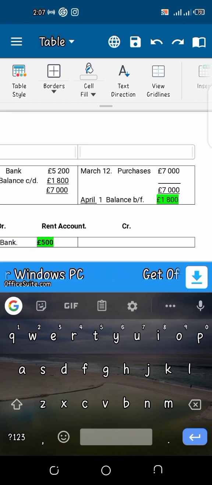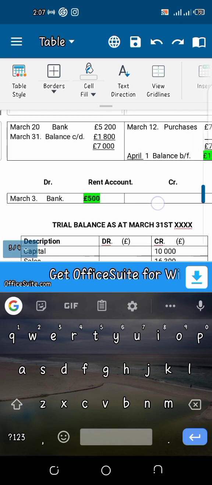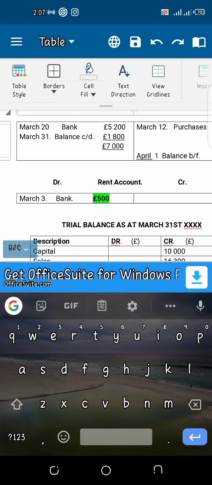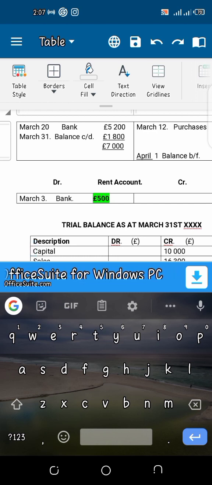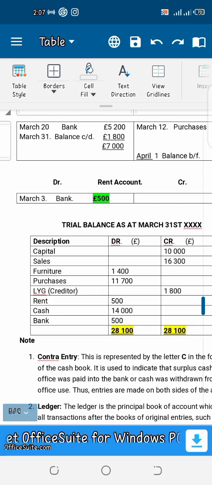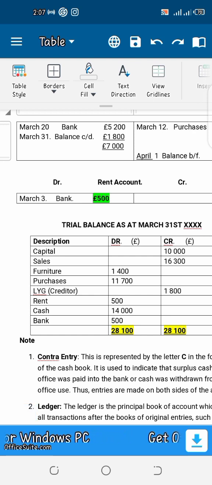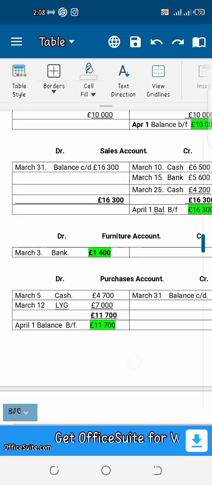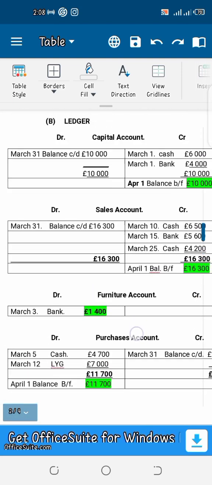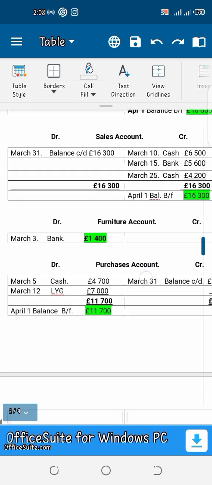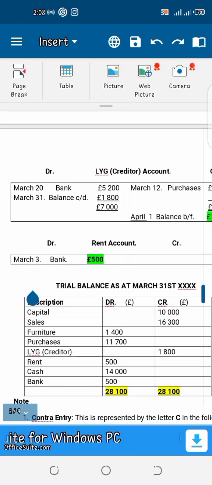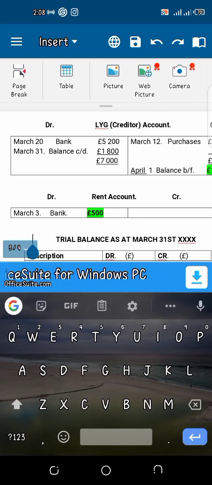Then finally we have the rent account, which is posted at the debit side of the ledger, £500. Having completed the ledger accounts, all the entries found in the ledger accounts are now transferred to the trial balance, which will become the C part of our question.